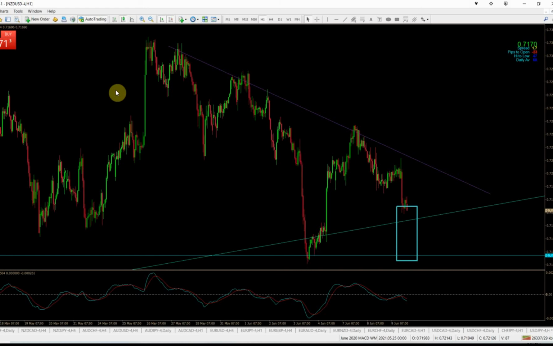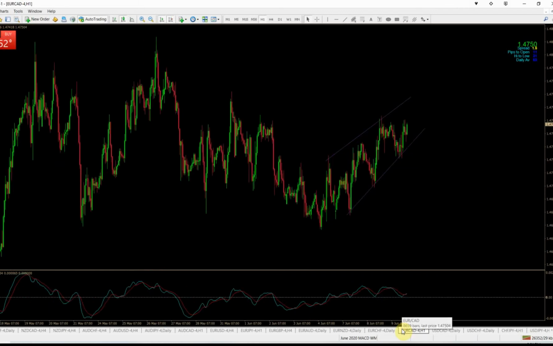If there is no trend on the daily chart, my advice would be either to not trade that pair at all, or if you want to trade it, look for bounces inside the consolidation area on, say, the 1 to 4 hour chart, kind of like we were looking at here with the EURCAD. Or just stay out of it because there's no trade.